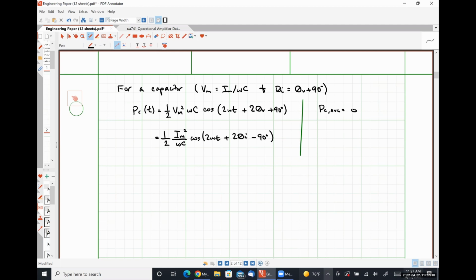So we have derived a generic expression for the instantaneous power absorbed by any linear network or circuit element. And then we have adapted that expression explicitly to apply to resistors, inductors, and capacitors, such that we only need to know either the voltage drop across the element or the current flowing through the element to make our analysis a little bit easier, right?